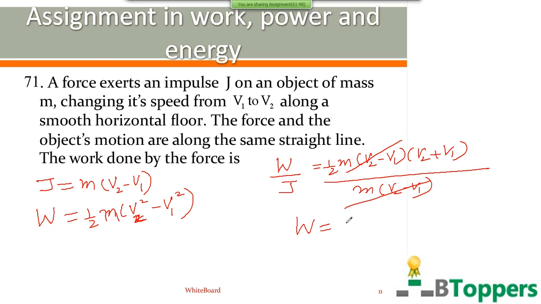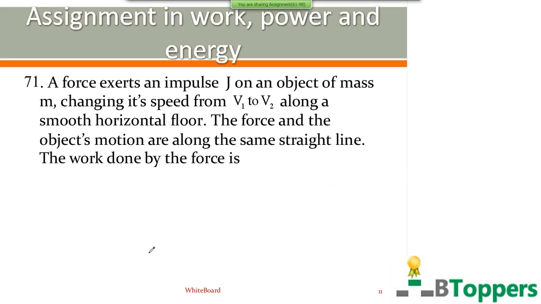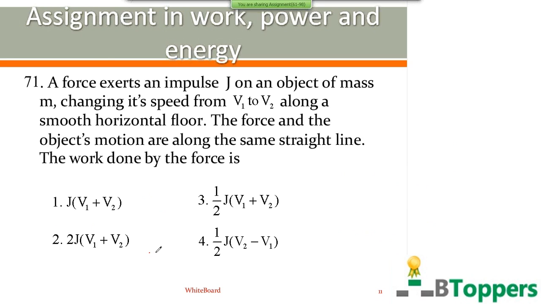You can write (v2 minus v1) into (v2 plus v1). J can be written as m into (v2 minus v1). So m into (v2 minus v1) gets cancelled. So you get W equal to J into (v1 plus v2) by 2. That's the answer.